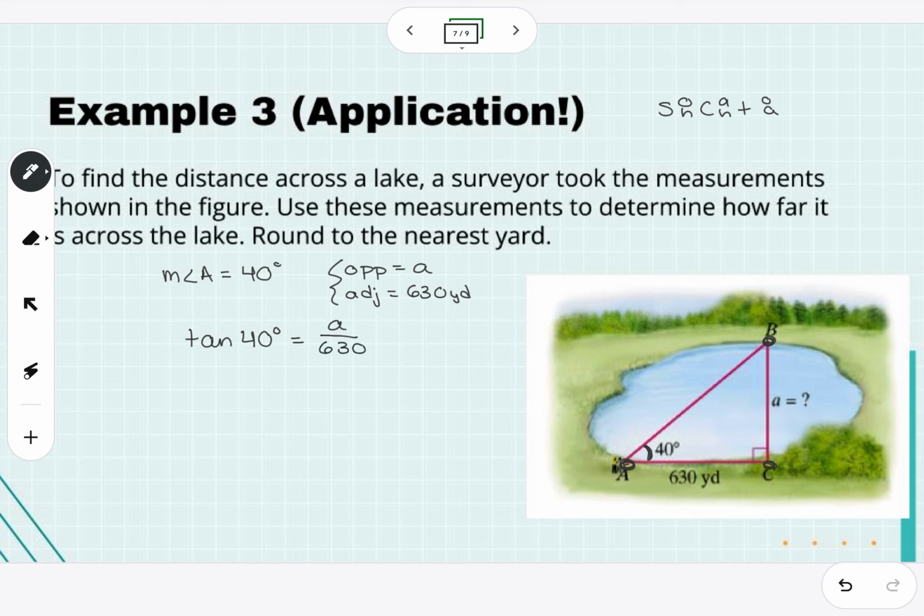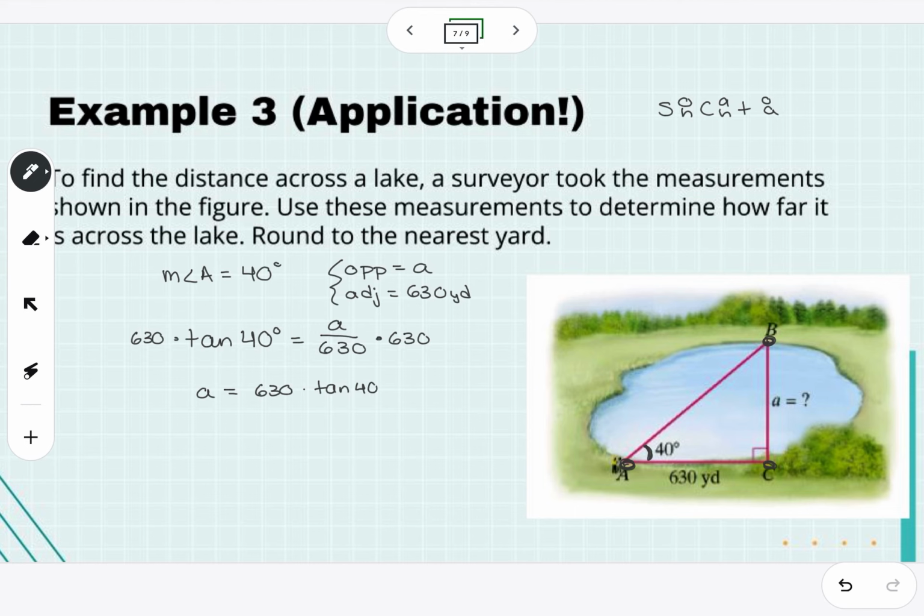And we can actually solve this equation. You're going to have to use your calculator for this one. I want to get A by itself, so I'm going to multiply both sides by 630, and we get A equals 630 times tan 40 degrees.